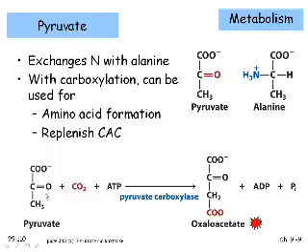Another thing that pyruvate can do is have another carbon added to it. So pyruvate is a 3-carbon compound. We can add another carbon to it. That is not easy. Adding carbons is hard work. It eats up an ATP. And the enzyme that does it is called pyruvate carboxylase. The enzyme name is pretty intelligible. It's taking pyruvate and adding a carboxylic acid to it, the CO2, and it costs us an ATP.